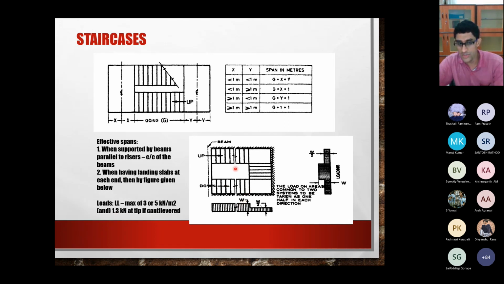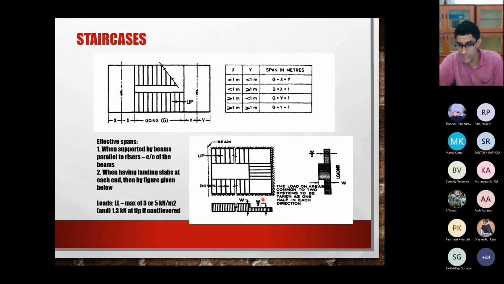If you look at this picture, there is a going, a landing, a going, a landing again, and then a going. This landing is common to this direction going and this direction going. Similarly, this landing is common to this direction going and that direction going. Whenever you have a landing common to two different directions of climbing, when you consider this direction, take half of the load for this direction and half for the other direction.